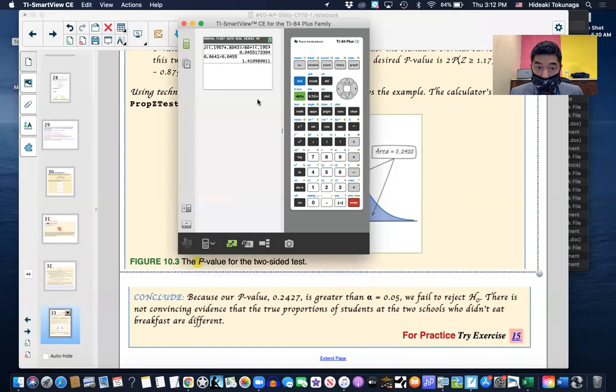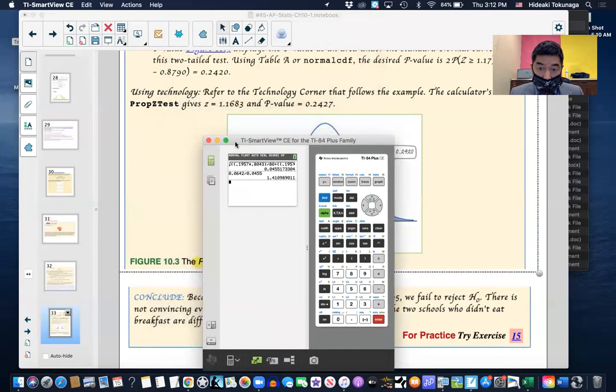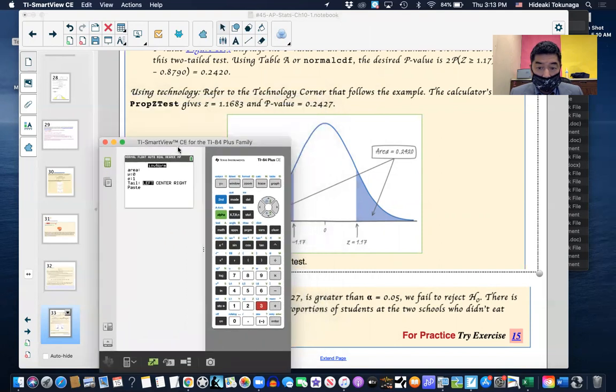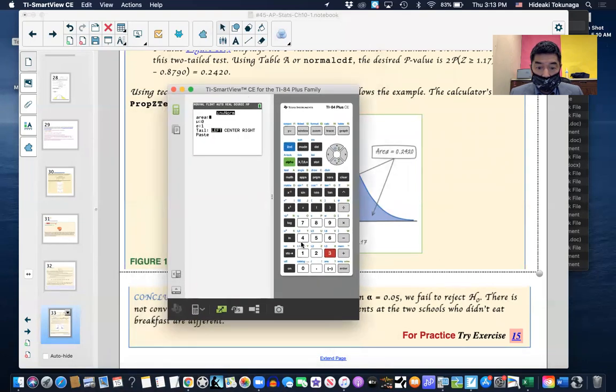So we go through here. Invert norm, or normal CDF. Normal CDF, and you enter 1.17. Oh no, sorry, maybe it's not invert normal.